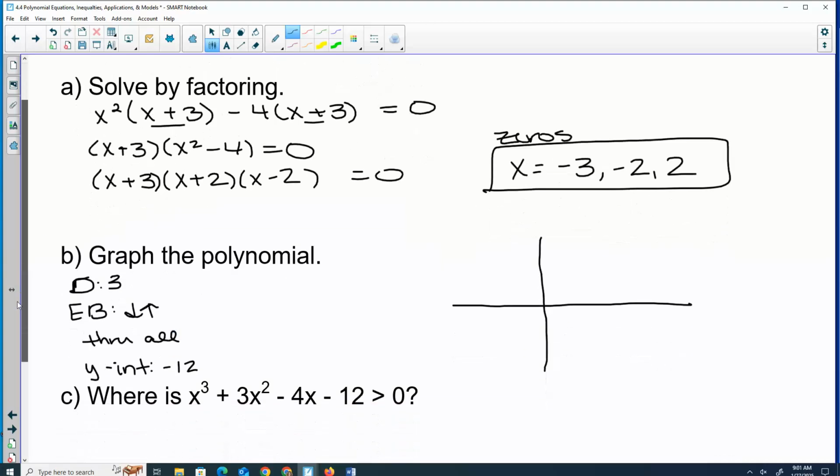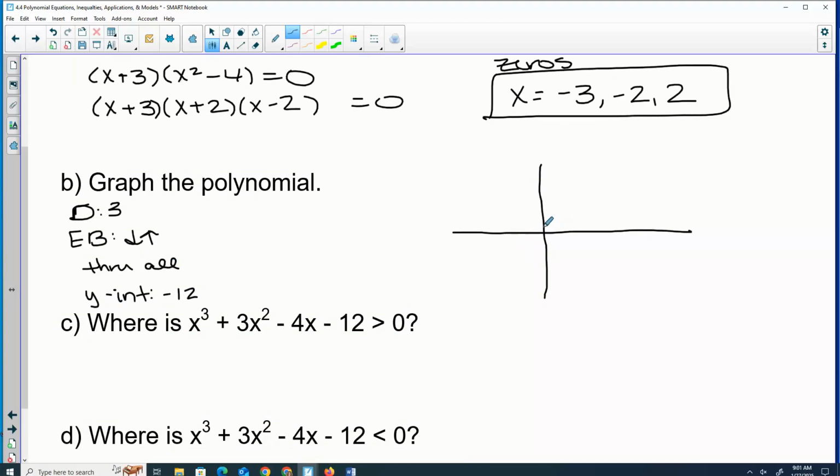Okay. So, my zeros, where we hit the x-axis. The graph starts down here and I'm going through my zeros.